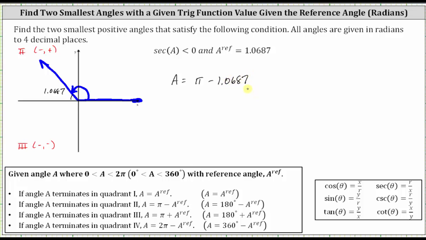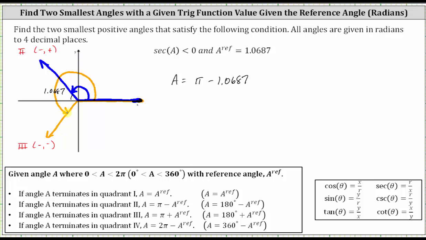Before we find this difference, let's determine the second smallest positive angle that satisfies the given condition. The initial side would be along the positive x-axis, and the terminal side would be in the third quadrant. So the second smallest positive angle would be this angle here.